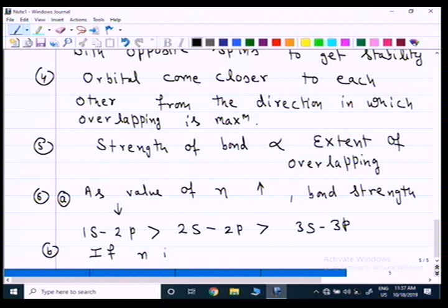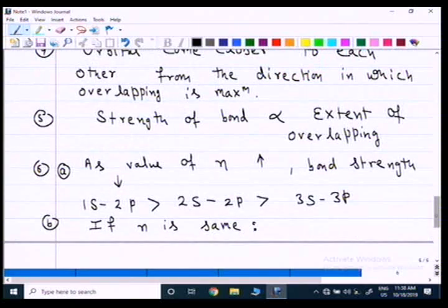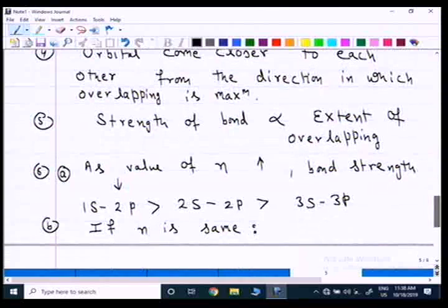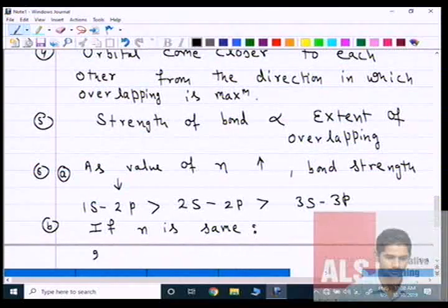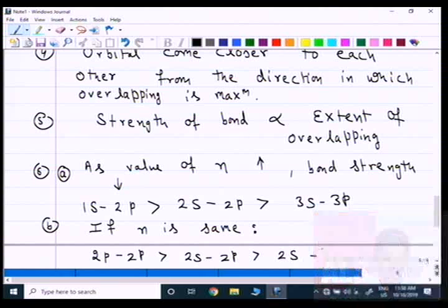If n is same, in that case 2s 2p, we can say 2p 2p, 2s 2p, 2s 2s. Okay, these are some important points that you have to remember.